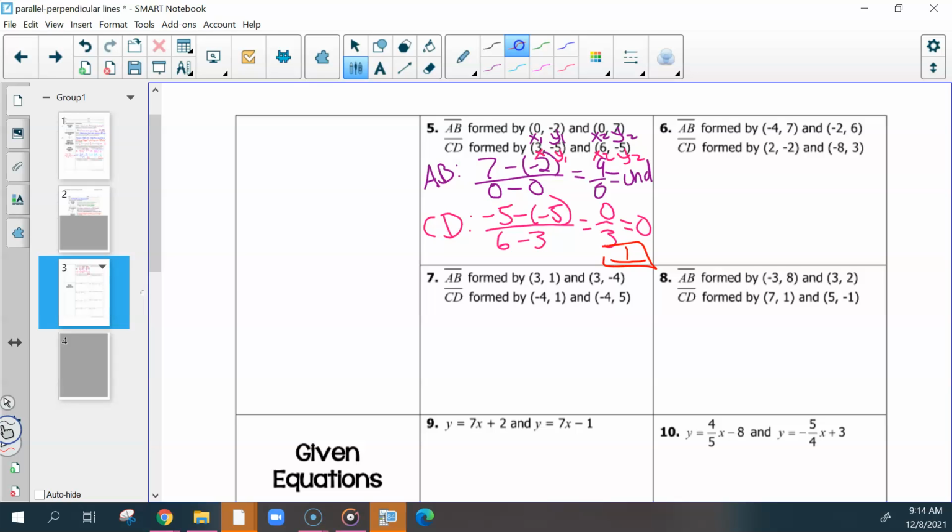If you didn't put that these were undefined and 0, if you just had 9 over 0 and 0 over 3, you would probably think these are a neither case. That's why you have to know that 9 over 0 would be undefined, 0 over 3 would be 0, and then you have a perpendicular case.